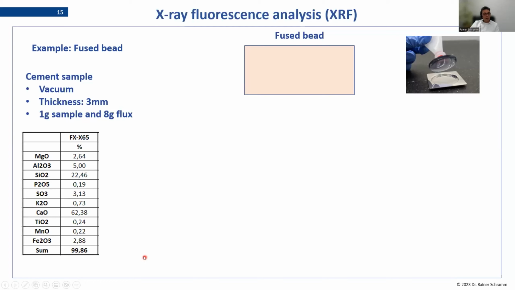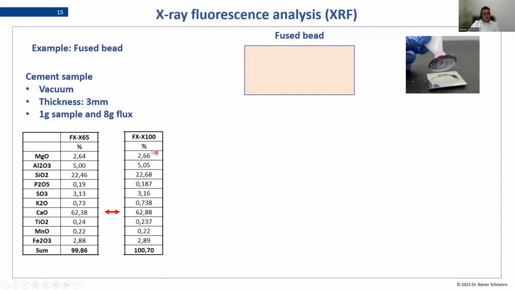But now I just enter a different flux, and you see what is the influence. Going from the mixture to the pure tetraborate, you see already how it will influence my result, and you see how important it is again that you describe your matrix. And of course, what is also taken into account, which I didn't mention yet, is the dilution.